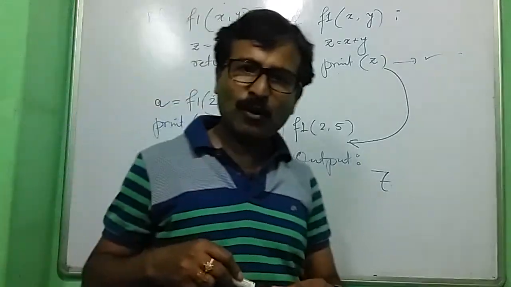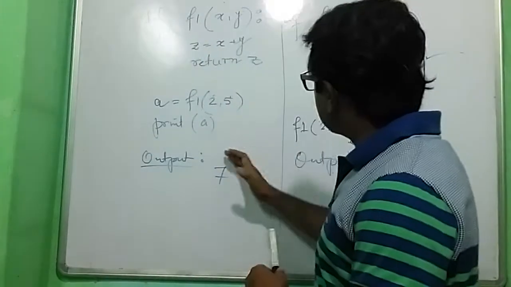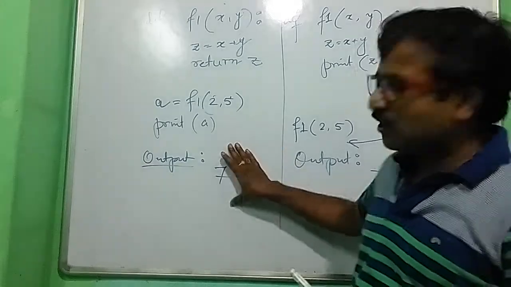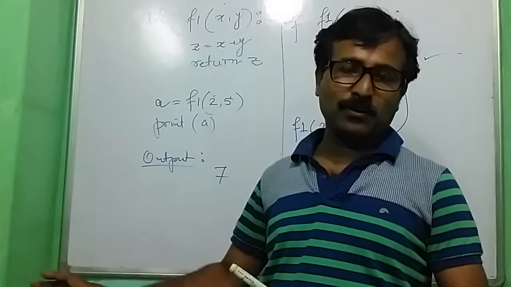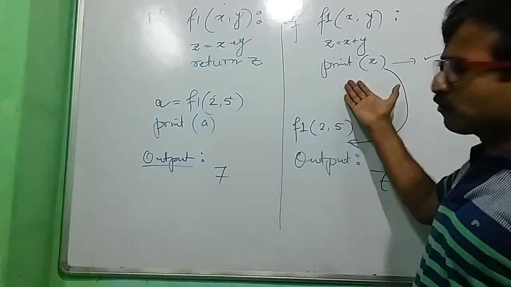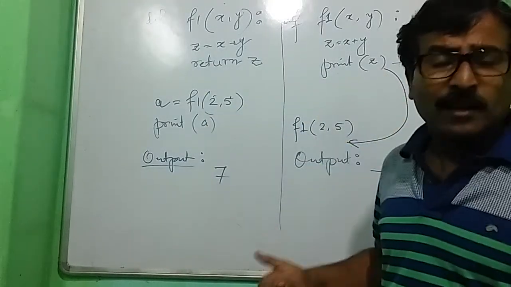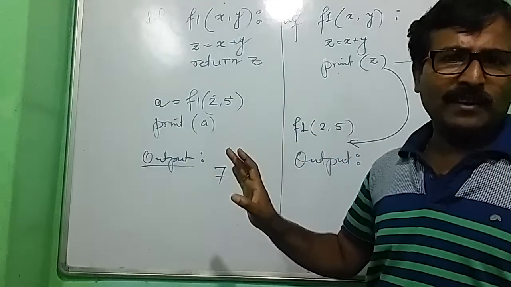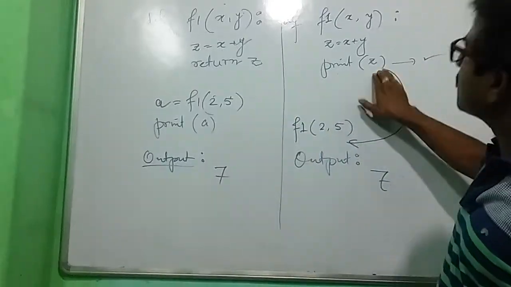But I hope you could understand the differences between these two. This is without returning a value. This is with returning a value. Over here also the value of 7 is returned? No. The value 7 is not returned at all over here. Over here the value is displayed.